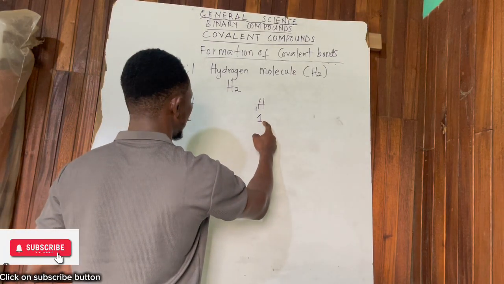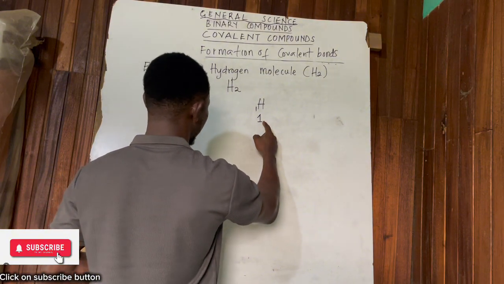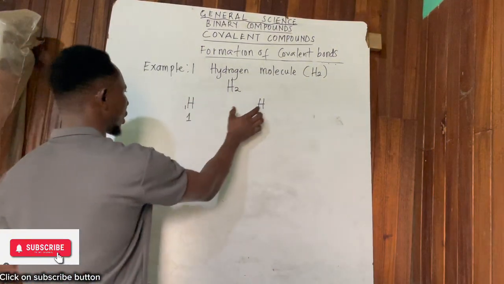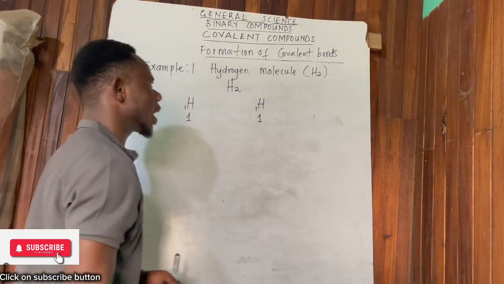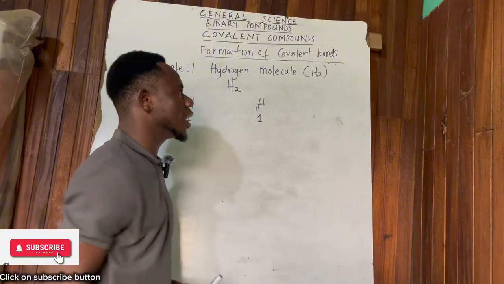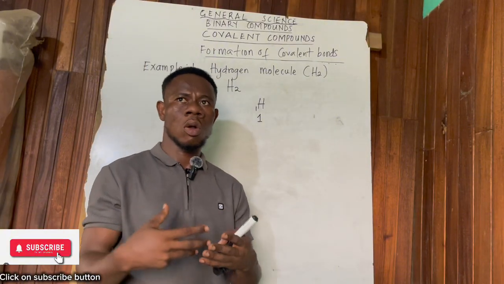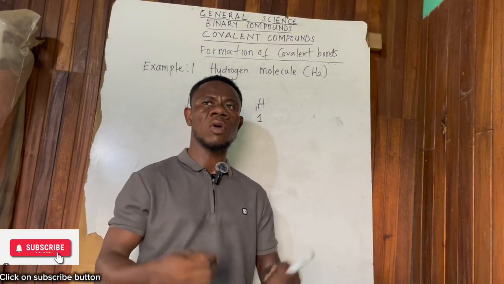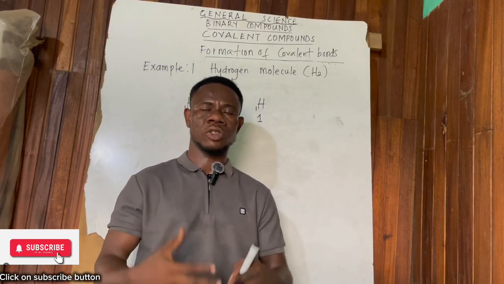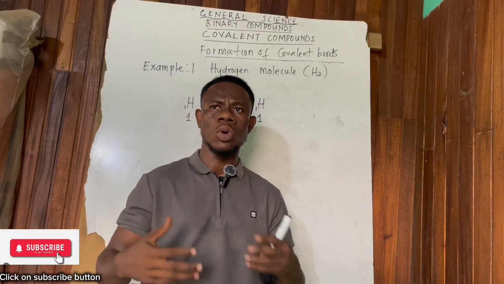Hydrogen here also needs one more to be stable. We are going to draw the normal hydrogen here and the normal hydrogen here. Don't forget, for the formation of covalent bonds, each element involved is going to share their electrons, that is, their outermost electrons.